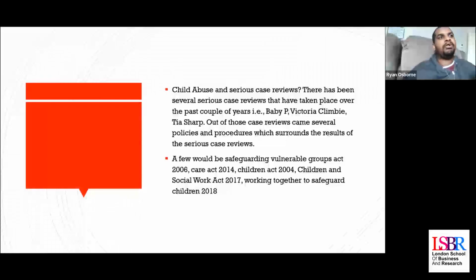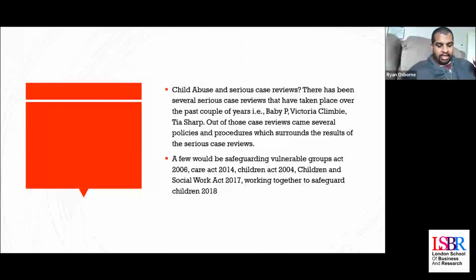It's guidance for teams, multi-teams, interagency teams. So if you think of it, in child protection cases, or when they're going to intervene in a child's life, or they're working with a certain individual, this gives them guidance and information on what they can do to safeguard the individual itself, and also how they can work together to safeguard children and what they need to do to safeguard children themselves.